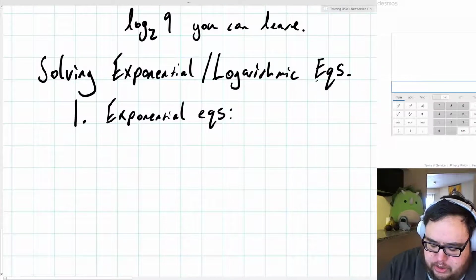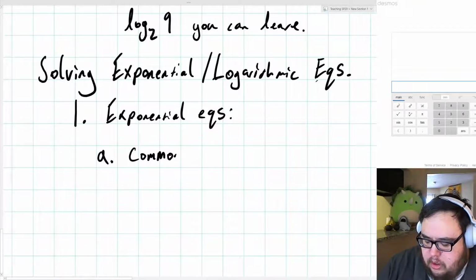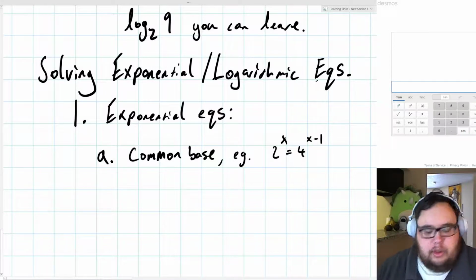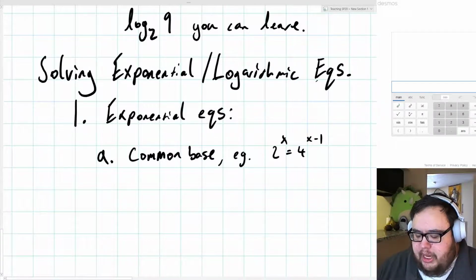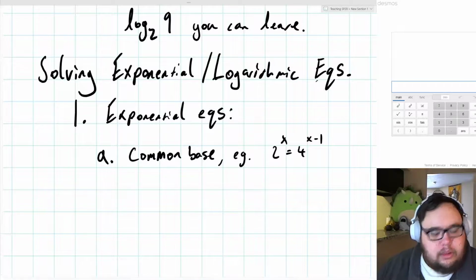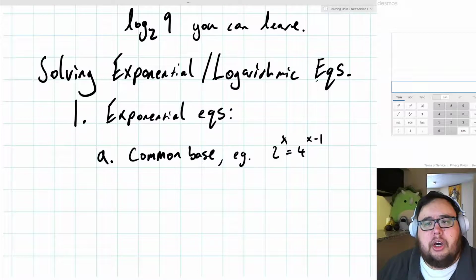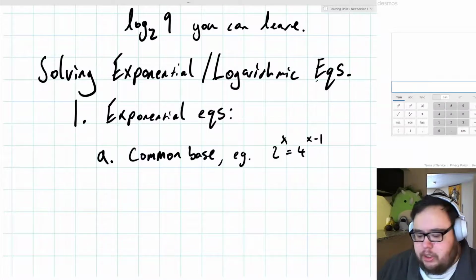We had common base, for example, something like 2 to the x equals 4 to the x minus 1, right? In the case of common base, you would rewrite the exponents to have the same base, and then you could use the equivalence property for exponents, right?